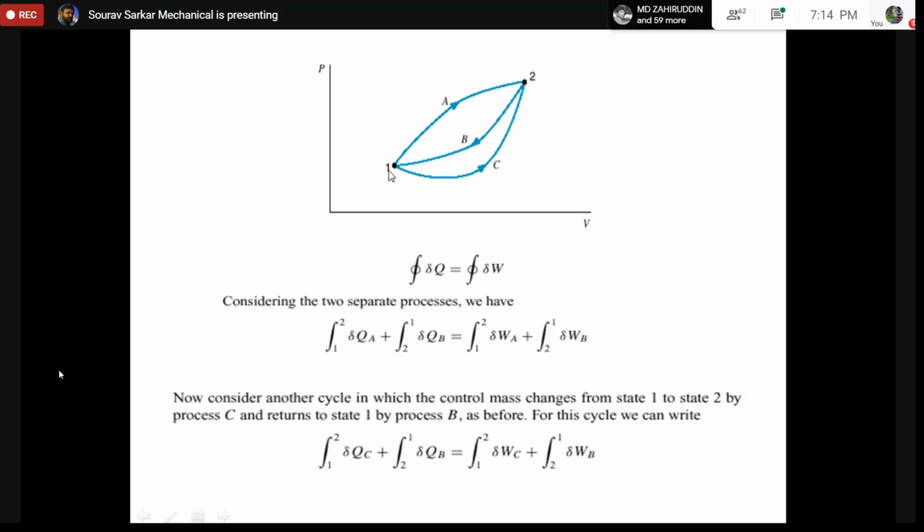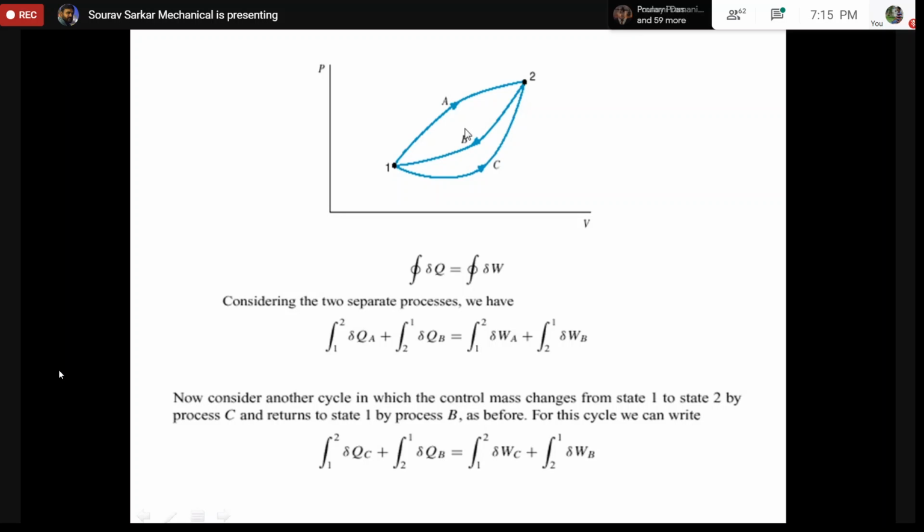You are moving from point 1 to 2 through a process connecting 1 and 2 through the path A. Whenever you are moving from point 1 to point 2 through the path A, there will be some heat transfer as well as some work transfer. Now after reaching point 2, you are again coming back to point 1 through the path B. During that process, there will also be some heat and work transfer.